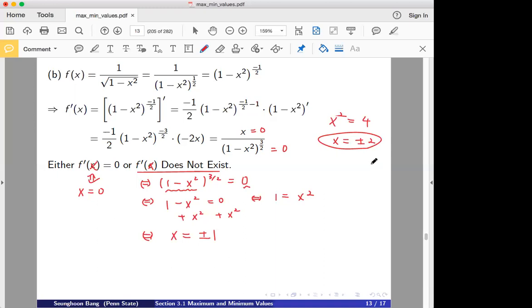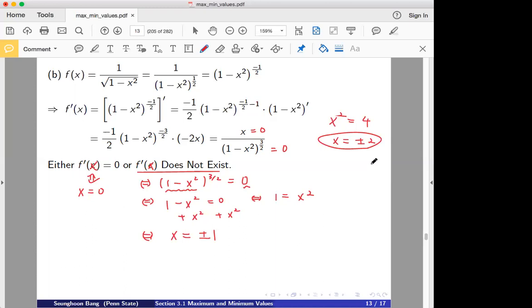What's the Fermat theorem? If f has a local maximum or local minimum, what's that? F prime of x equals 0. One remark of the Fermat theorem is that sometimes f prime of x does not exist, and f may still have a local maximum or local minimum.